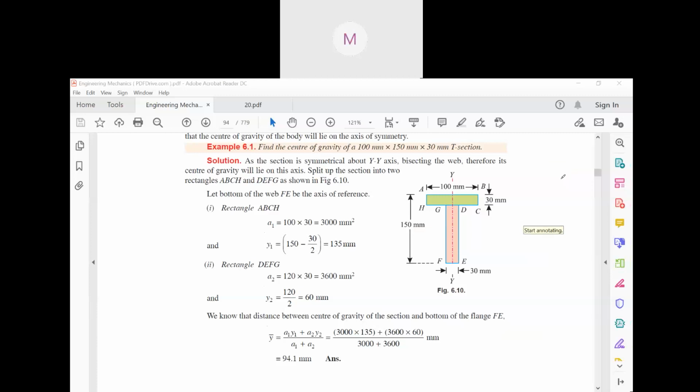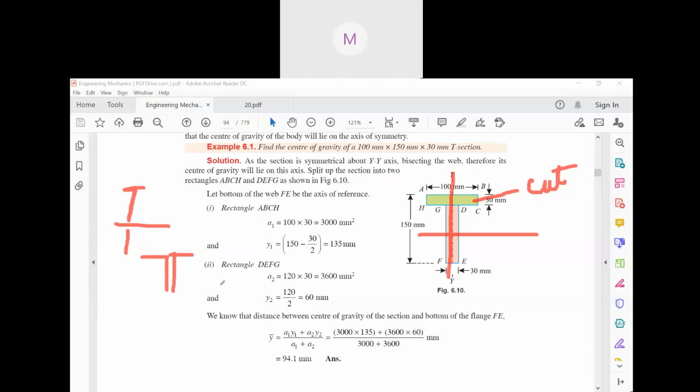Suppose you cut this T into half. If you cut like this, then what will happen? One part will be like this. Now if you cut it here, the other part will remain like this. Yes or no? But if you cut like this, one part will remain like this, the other part will remain like this.